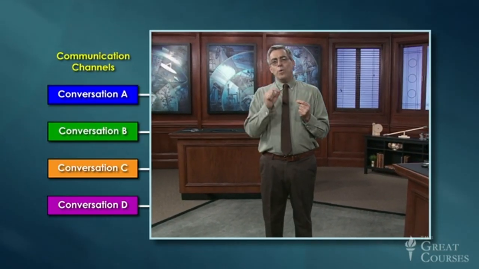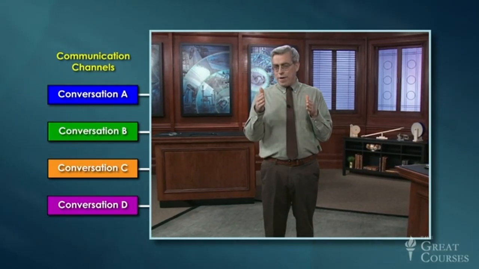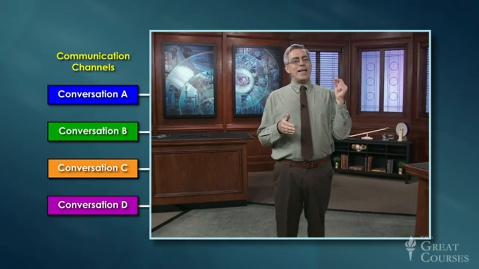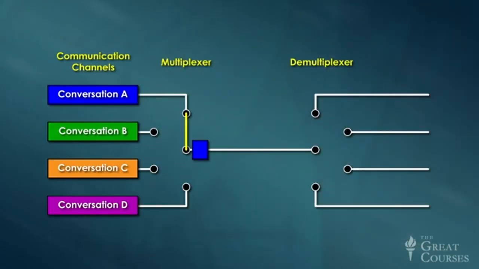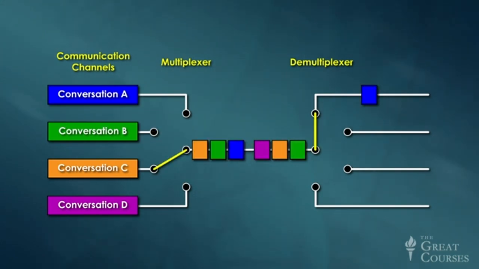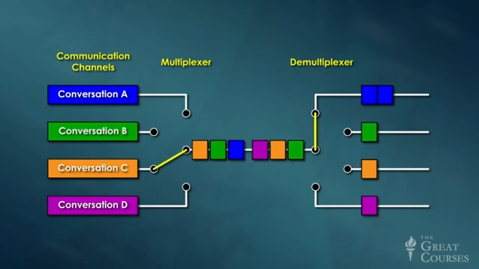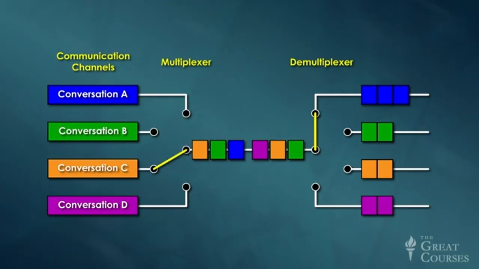Recall that when we digitized my voice a few minutes ago, we sampled the analog waveform 8,000 times per second and generated an 8-bit chunk of data for each sample. In time division multiplexing, each chunk of data from all 4 conversations is fed sequentially into a single transmission, like this, with each conversation having its own assigned time slot.